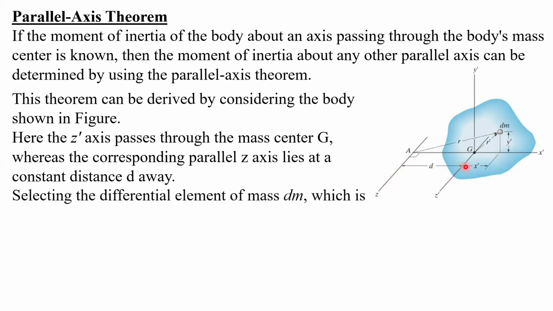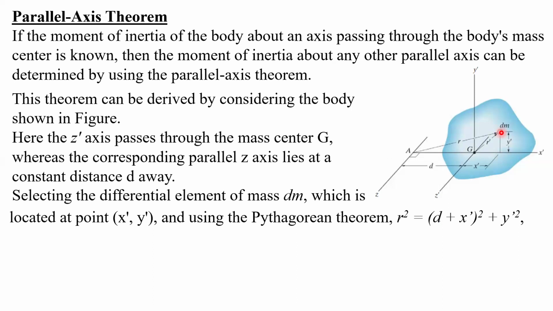Selecting the differential element of mass dm, which is located at the point x prime, y prime, and using the Pythagorean theorem, r squared is equal to this plus this. That is, this plus this squared plus this squared.